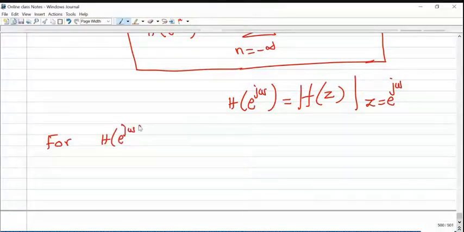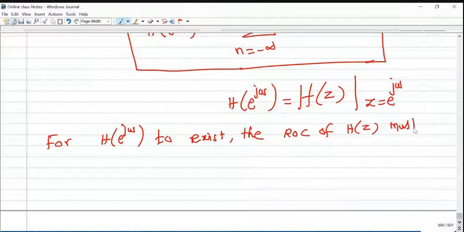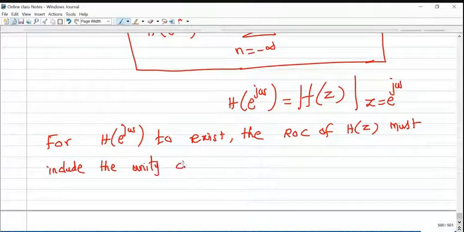For X(e^(jω)) to exist, the ROC of X(z) must include the unit circle.